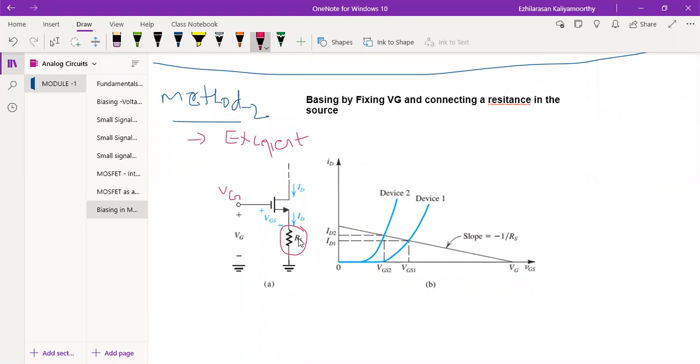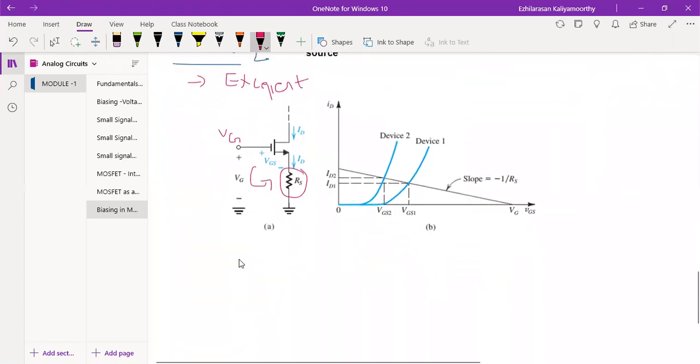Now what is the equation for VG? Here you have to apply KVL in this loop. We get VG equal to VGS plus ID RS.